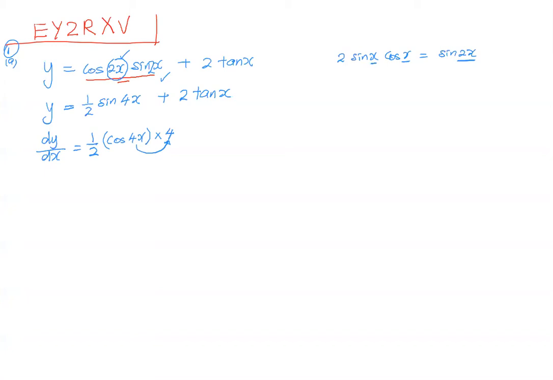Yeah, plus 2 sec square x. Actually, this one we have to times 1. So always remember, you have to times by the derivative of the angle as well. So this one becomes 2 cos 4x plus 2 sec square x. You get me?